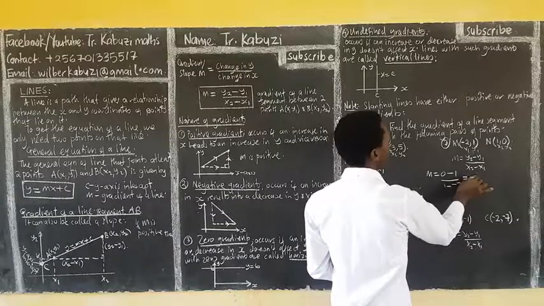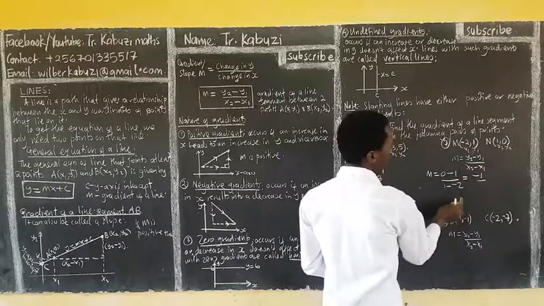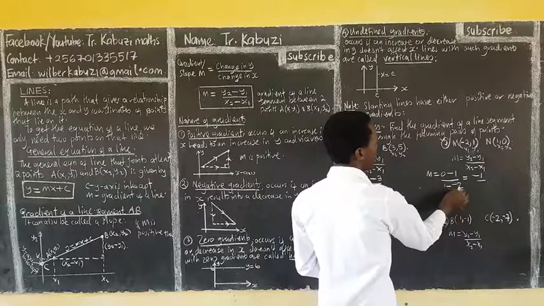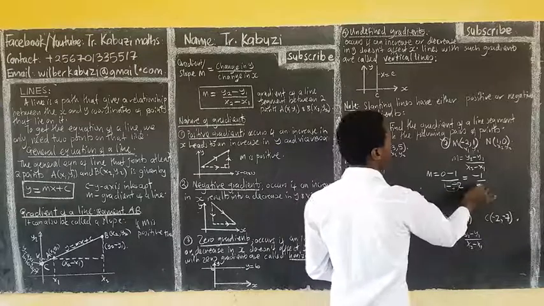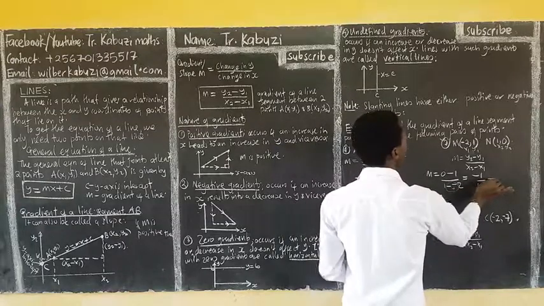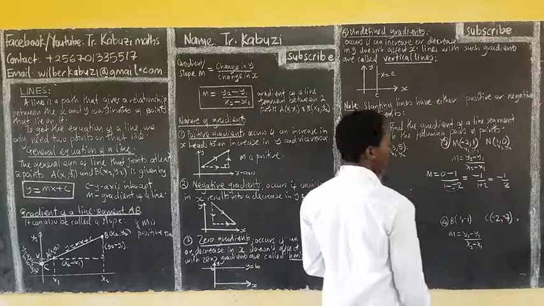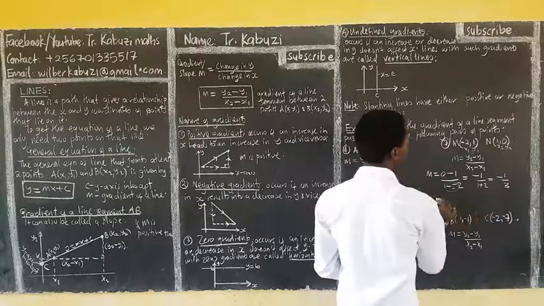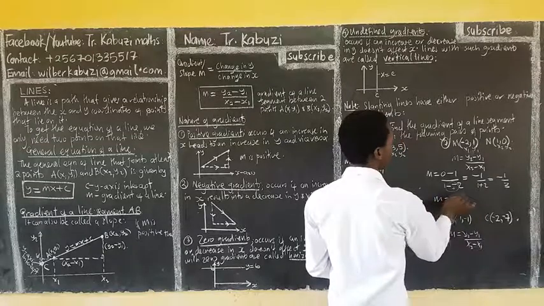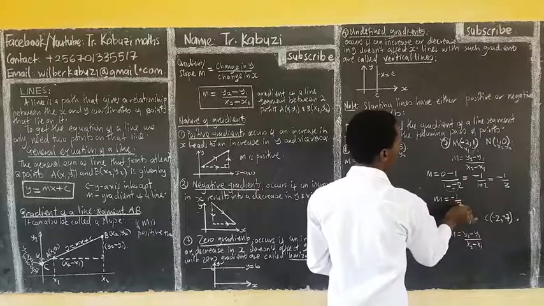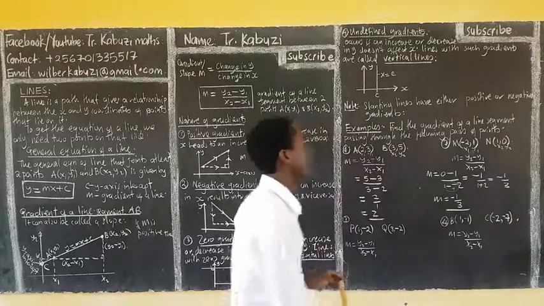So up I'm having negative 1 over the whole of this. Now the minus and minus is going to give me a positive, so I have 1 plus 2, which is 3. So it will be negative 1 over 3. And that is the gradient. So here the gradient is as simple as stating it as negative 1 over 3. It's a fraction.